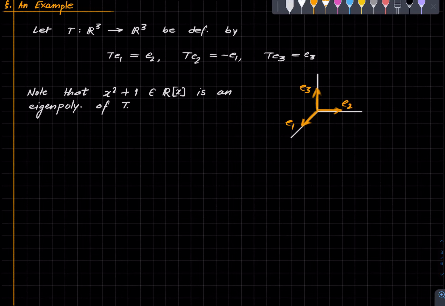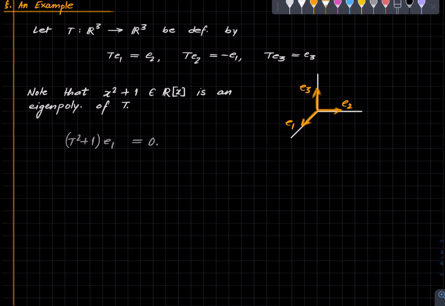Why is it an eigenpolynomial? Simply because, if you calculate T square plus 1 and its action on E1, you get 0. So it has a non-trivial kernel, and therefore it is an eigenpolynomial.